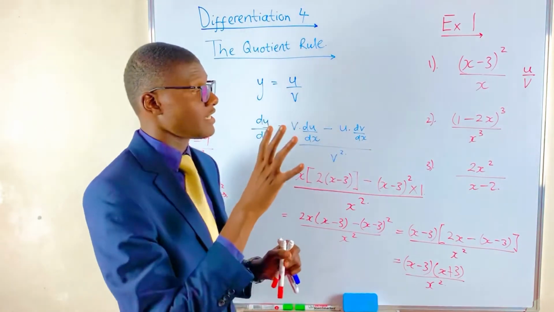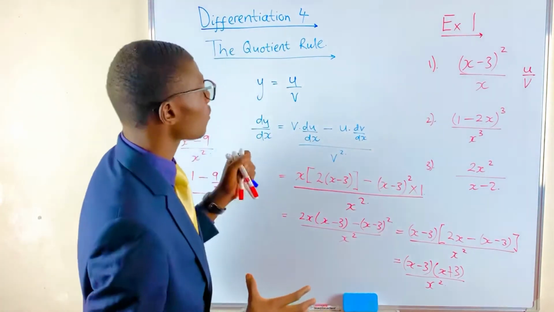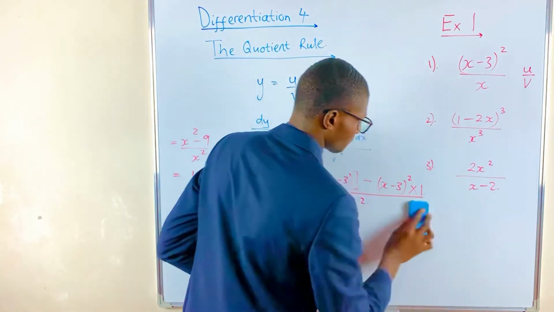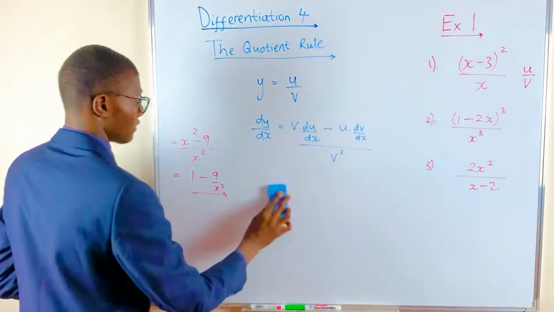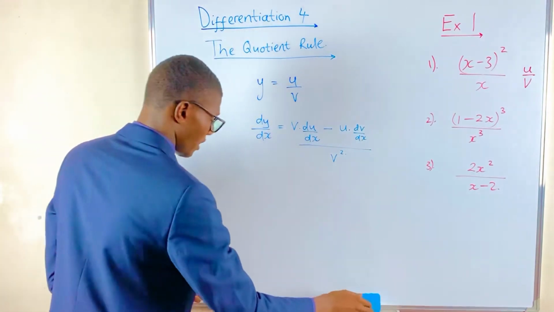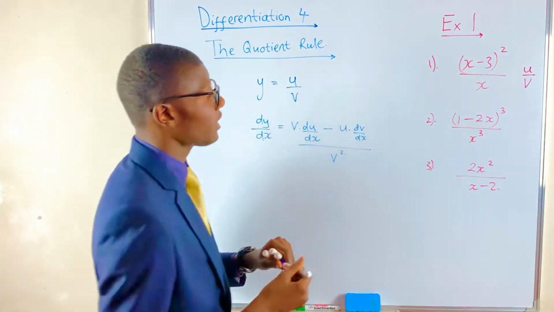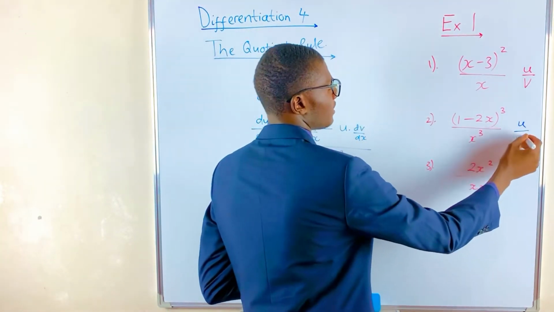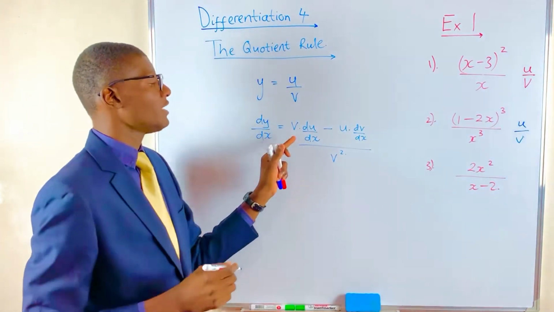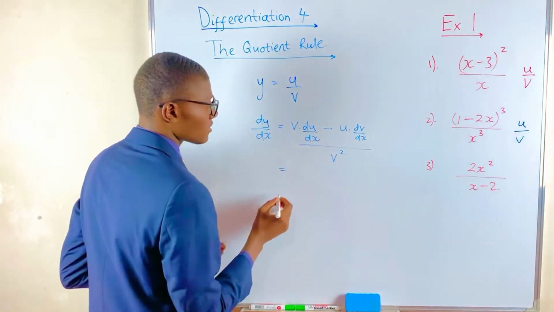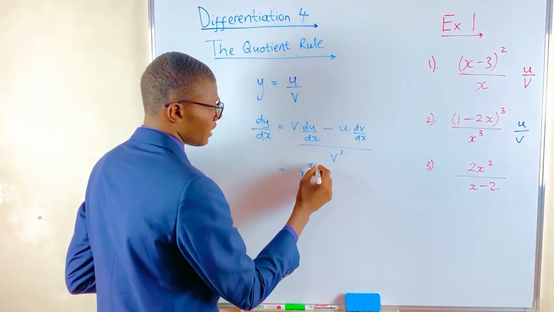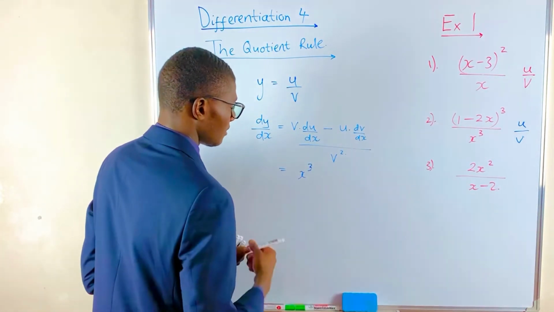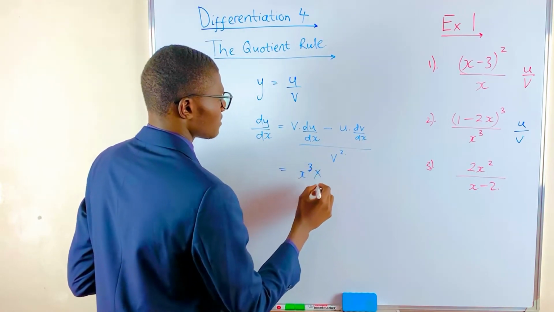Now let's differentiate the second question using the quotient rule. Allow me to erase this part. For the second question, the numerator is our u and the denominator is v. So dy by dx, being v times du by dx, will be equal to v, x to the power of 3, times du by dx.